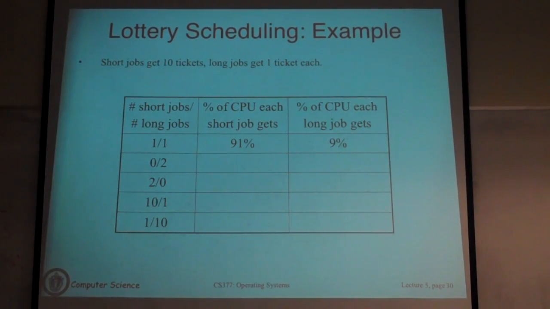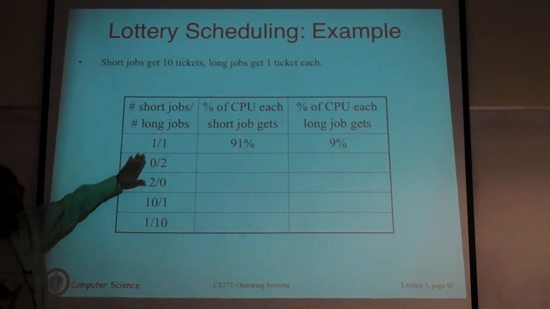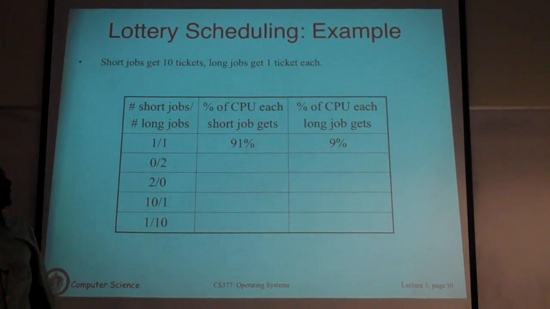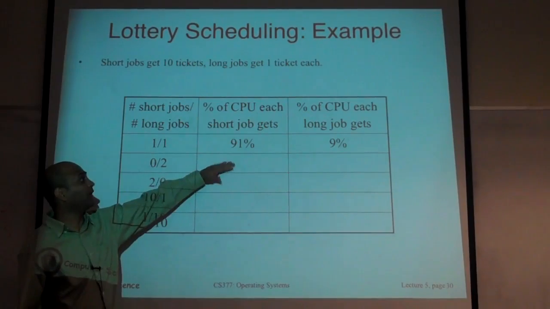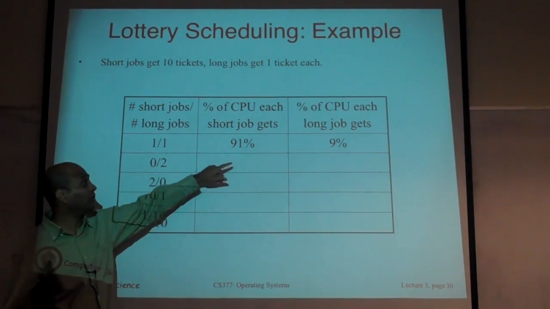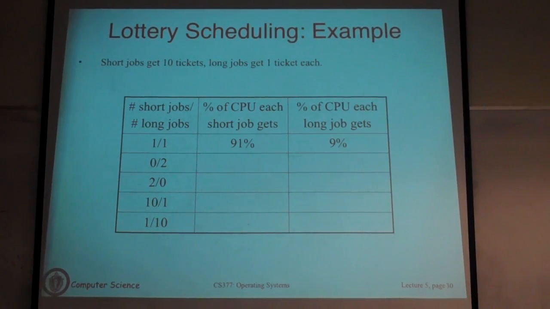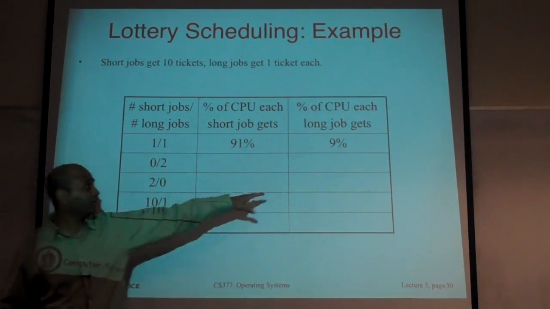Okay? Alright, so now we'll assume there are no short jobs, there's only two long jobs in the system. Each of them gets 1 ticket, so percentage of CPU time each short job gets is 0, no short jobs, percentage of CPU time each long job gets is 50. Two long jobs, each has 1 ticket, each of them gets 50% of the CPU.